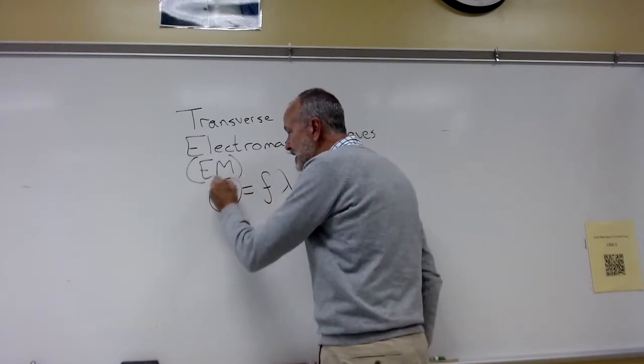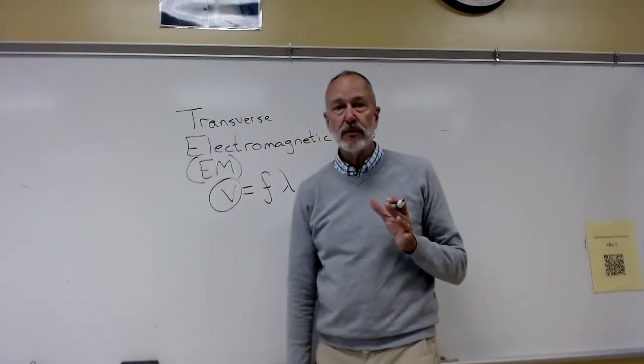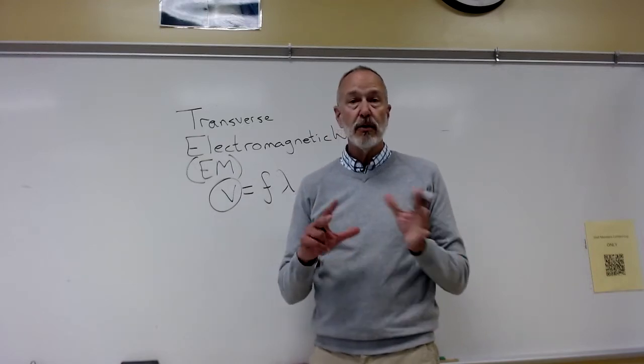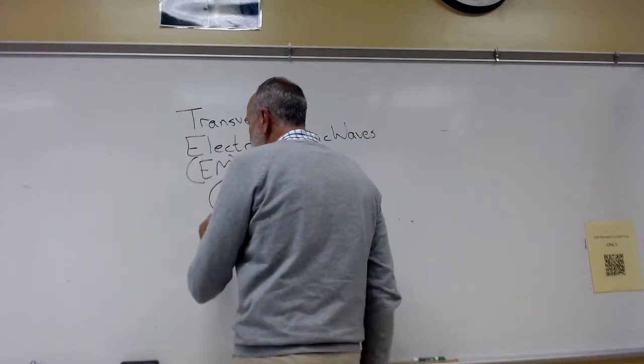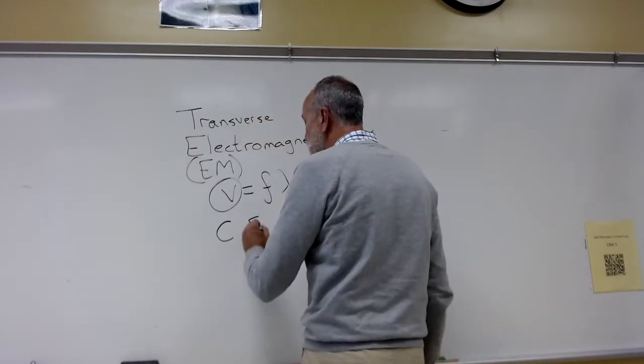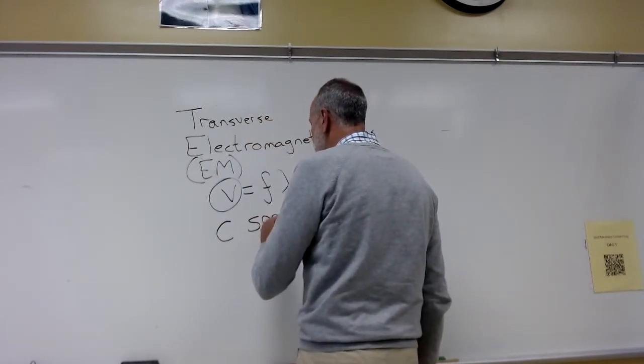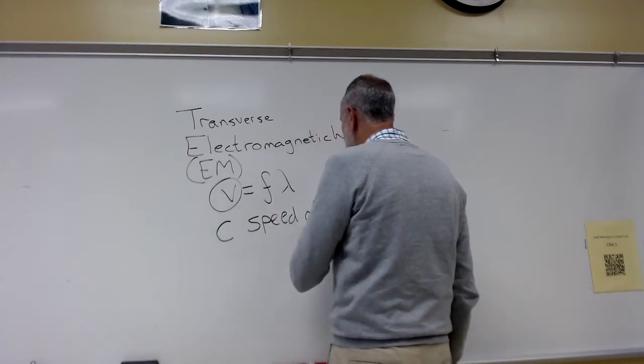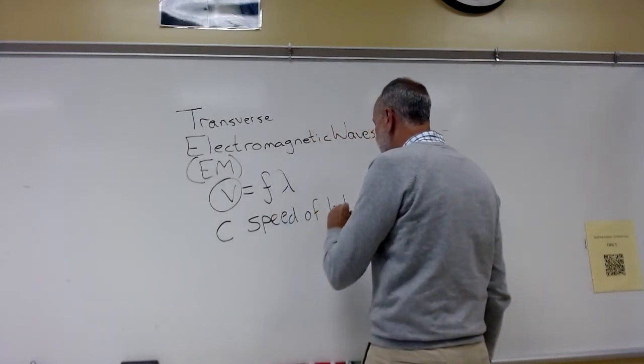And that velocity, when we're talking about the speed of light in air or in a vacuum, we use the symbol c, little c, speed of light in air or in a vacuum.